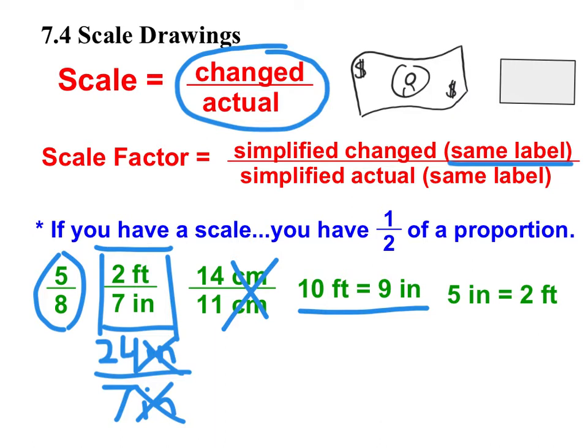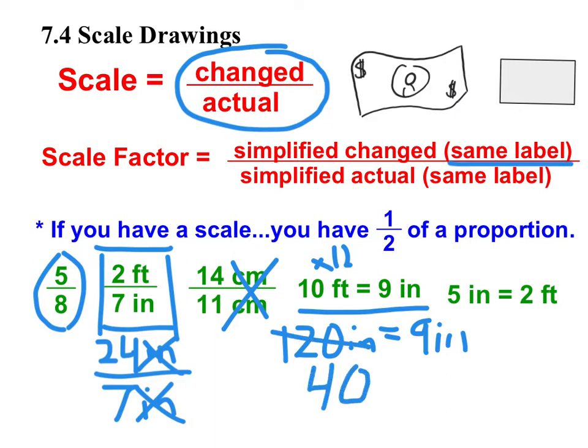Well, if I take each one of those feet times 12, because each foot is worth 12 inches, then I would have 120 inches equal to 9 inches. And now I would just have to simplify that because 3 goes into both of them. 3 goes in here 40 times. 3 goes in here 3 times, and I would re-simplify it as 40 to 3. In other words, an actual of 3 changes into 40.